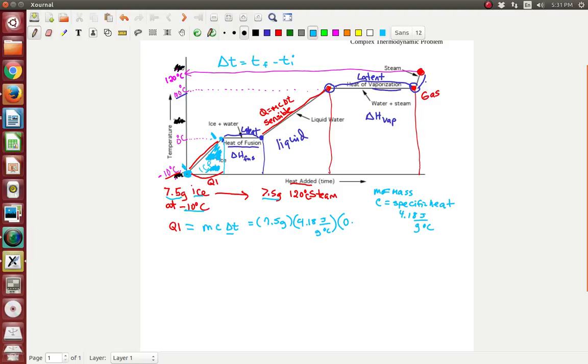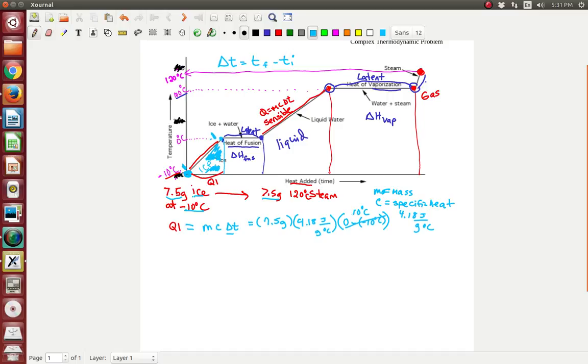So 0 minus negative 10, and that becomes a positive 10 degrees Celsius. So the temperature went up by 10 degrees. If it had gone down, it would be a negative value. But it went up by 10 degrees.